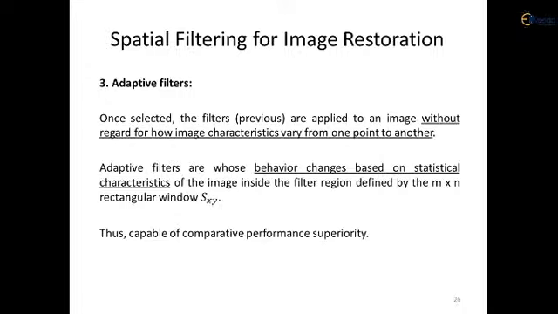So this is capable of having comparative performance superiority with respect to the earlier filters. As you compare the adaptive type of filter with the earlier types, the thing is very simple. The earlier filters are not at all considering any of the behavior of the noise or the image information in the original signal, and they have a predefined way of operating to obtain the output or resultant image intensities.